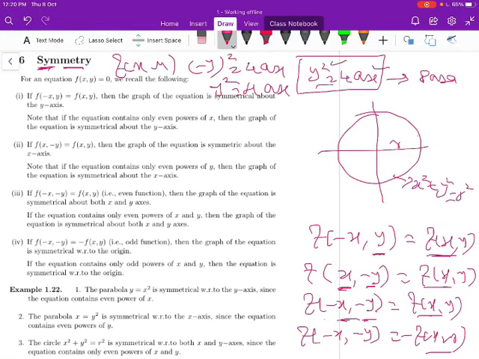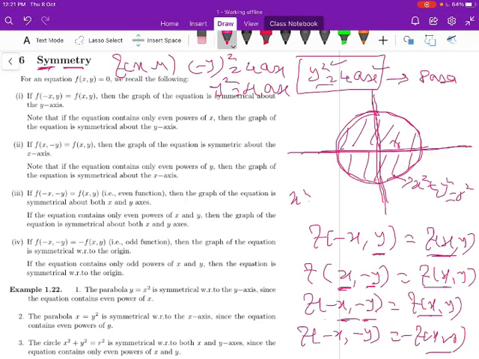So this circle divides into two parts with the y-axis, and this portion is the same as this portion. Therefore this curve is symmetric about the y-axis. Also, this region above is the same as the region below the x-axis. So the x-axis is also an axis of symmetry. You can observe that the region above the x-axis and below the x-axis is the same. Therefore the curve is symmetric about the x-axis also.